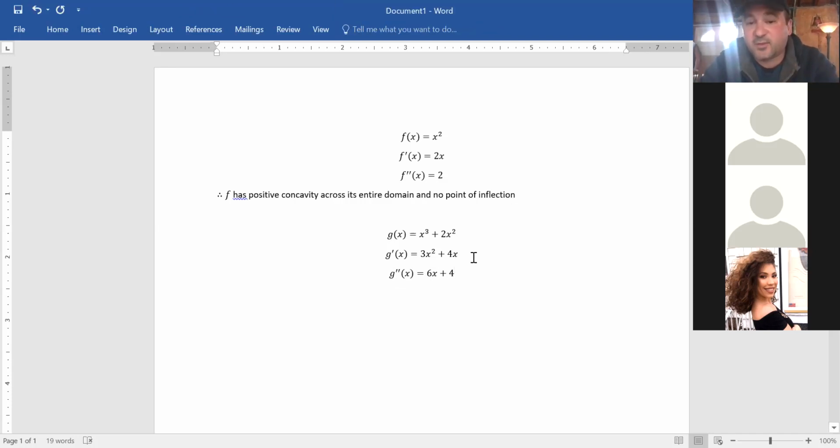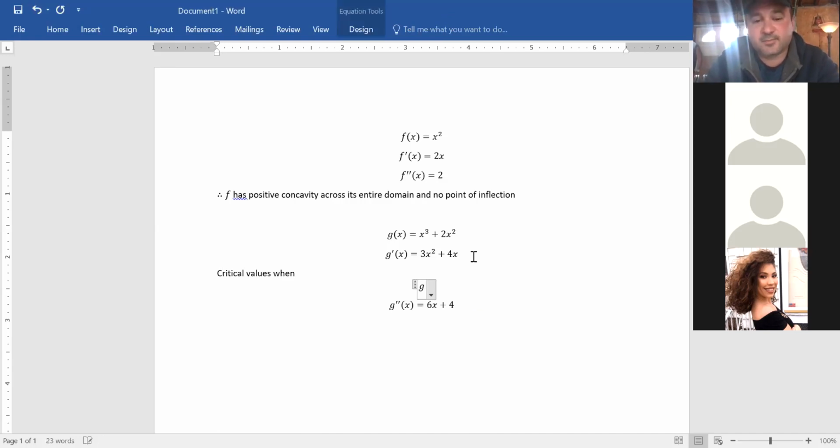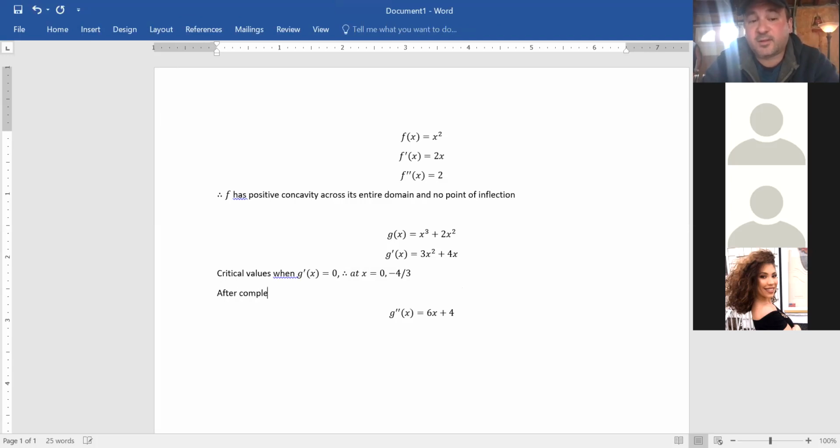All right, so the first derivative, we saw that it has critical values when g prime of x is equal to 0, so at x is equal to 0 and -4/3.